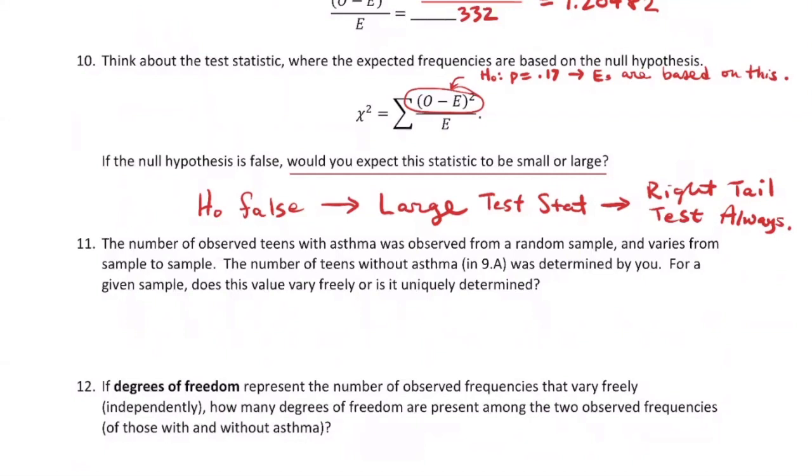I'll say it again. You've got two observations, kids with asthma and kids without asthma. Altogether it is 400 kids. Are both of those observations random, or only one of them? Only one is random, correct.